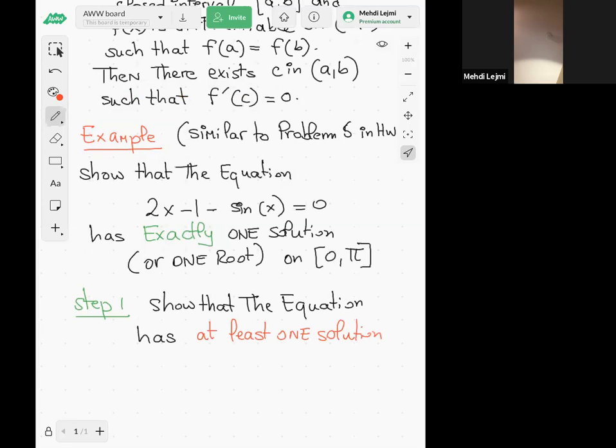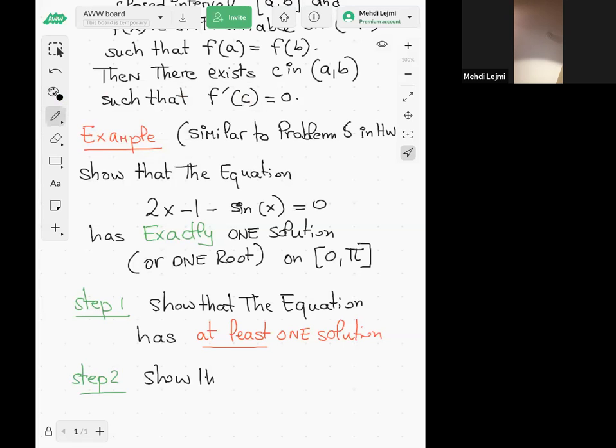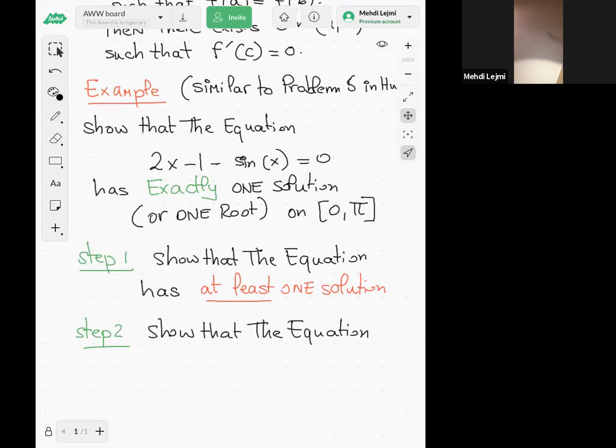So at least one solution means either one or more than one. Then the second step: you have to show that the equation has no more than one solution.